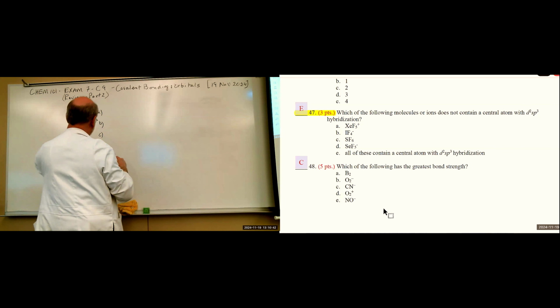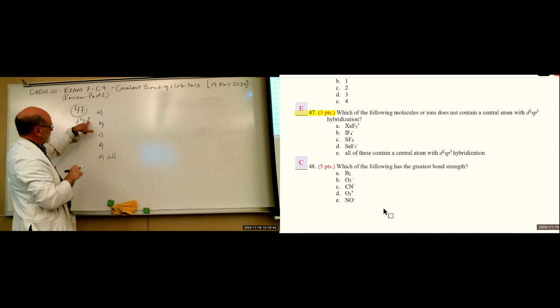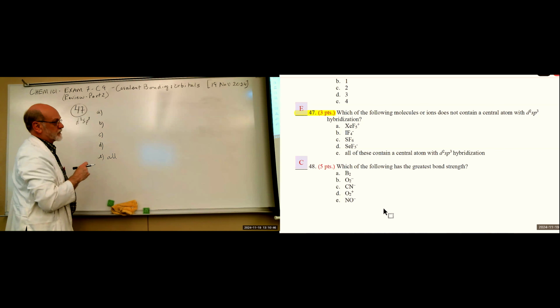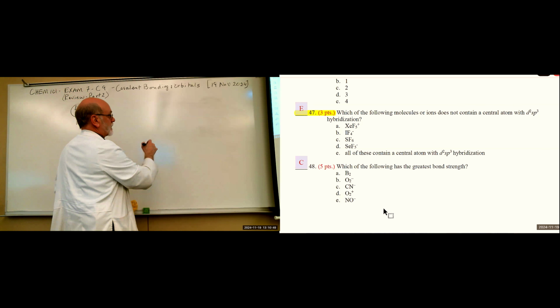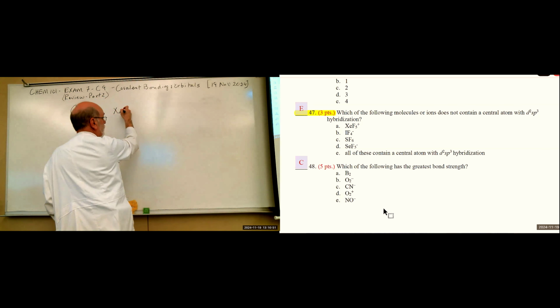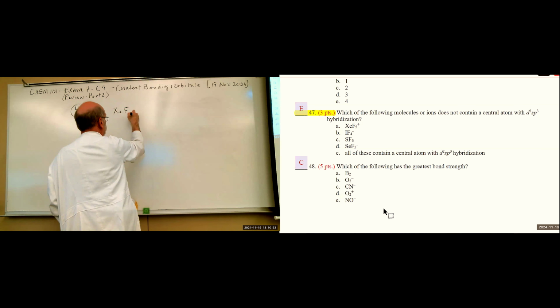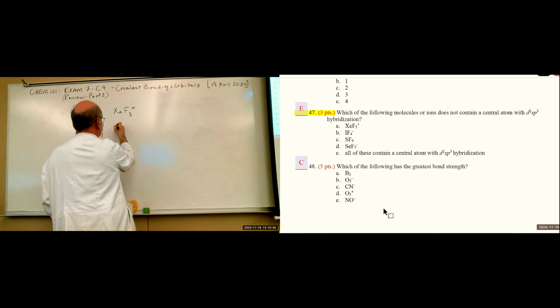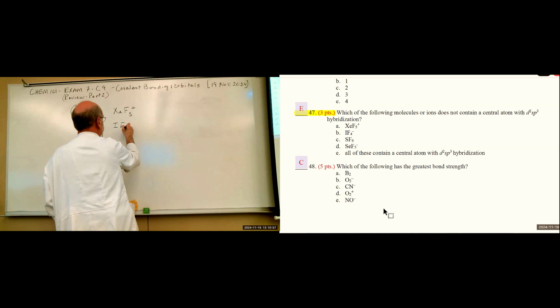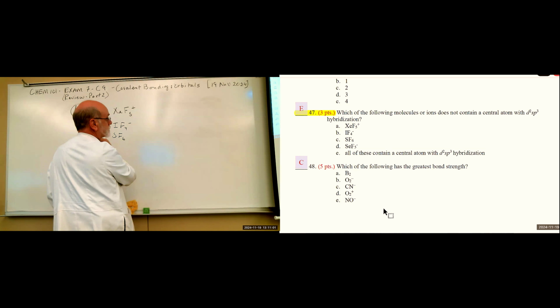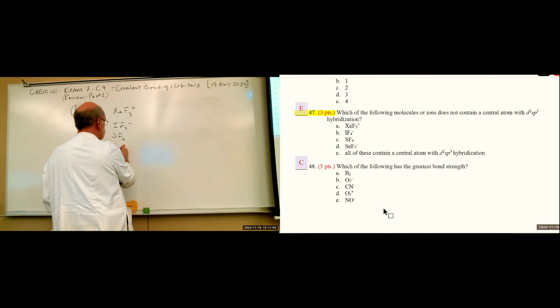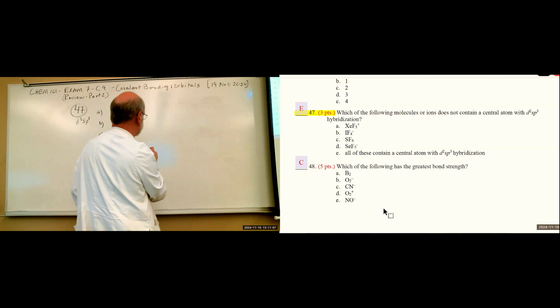So that means what? Octahedral, 3, 4, 5, 6. 6 groups. XeF5 plus, IF4 minus, SF6 and SeF5. Is that a minus? I think it's a minus.